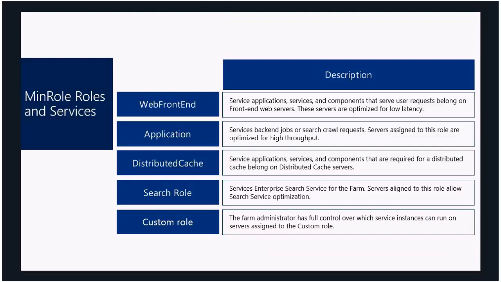So these servers are optimized for high throughput. With a distributed cache, so actually this is optimized for the distributed cache, which can be load balanced for your farm traffic here.